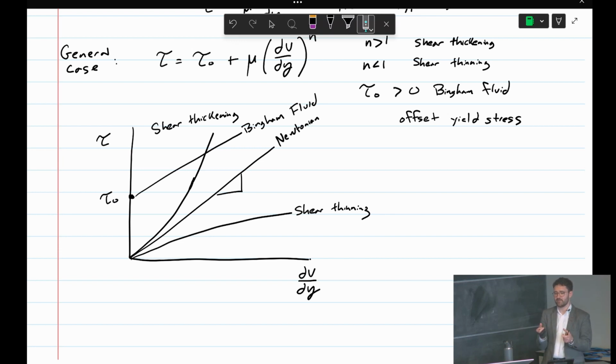You know how it's almost like solid, right? When it's just sitting there, you take a scoop of it and hang it upside down, it might actually just stick. It might not. It behaves almost like a solid. It's only when you apply that offset yield stress that it starts to deform.